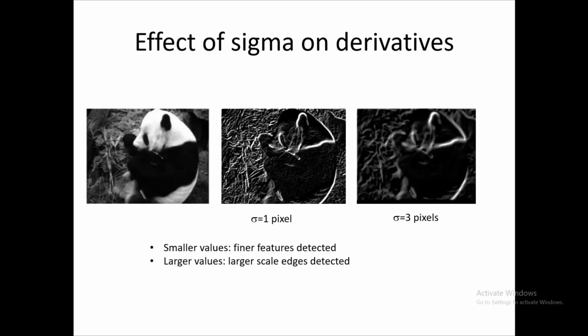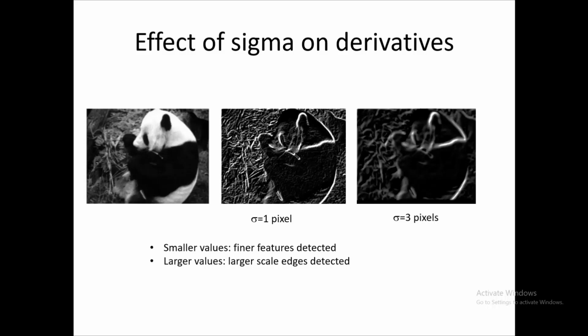So we change the sigma, the size of the Gaussian, and when we do it, we get enhancing of the magnitudes of the derivatives as a function of how quickly the image varies over space. So the smaller the sigma, the finer the features that are detected, and the larger the sigma, the larger-scale edges are detected.